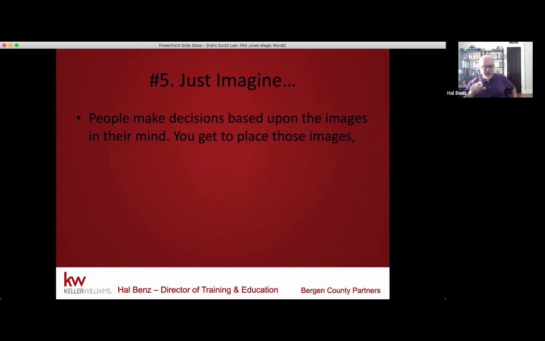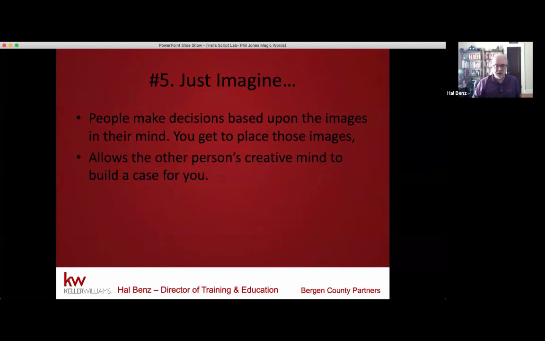And we get to kind of direct what stories we implant for them to see. People make decisions based on the images they see in their mind. You get to place those images. And so it allows the person to have their own creative mental imagery pull in the direction that you want them to go. We want them to see themselves here in this home, right?